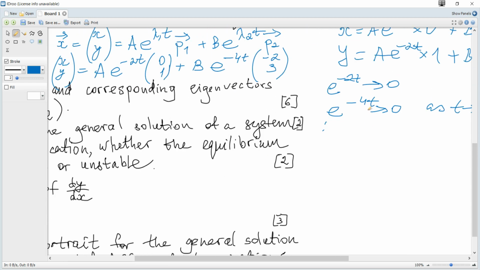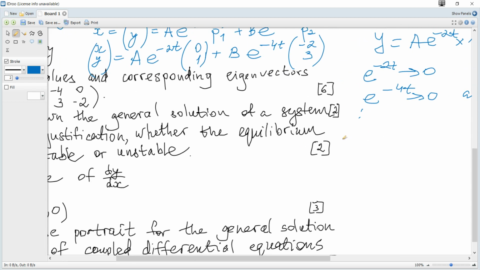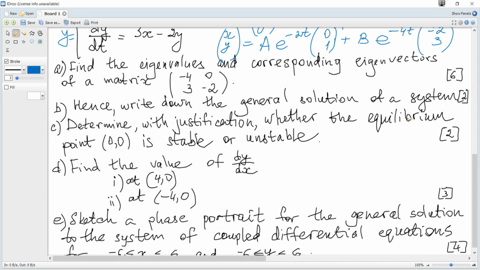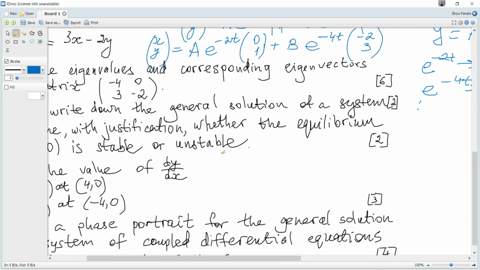So here you write like this, or you may just write that two real negative eigenvalues imply a stable equilibrium point, or the equilibrium point 0, 0 is stable, or our system is stable. Okay, D.